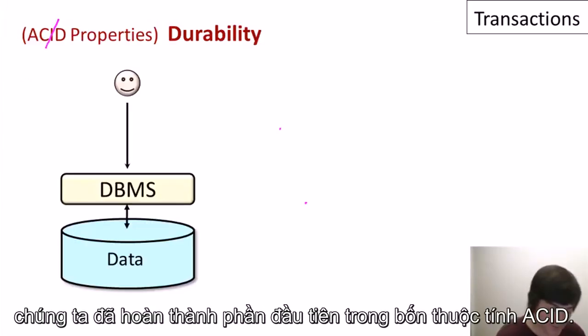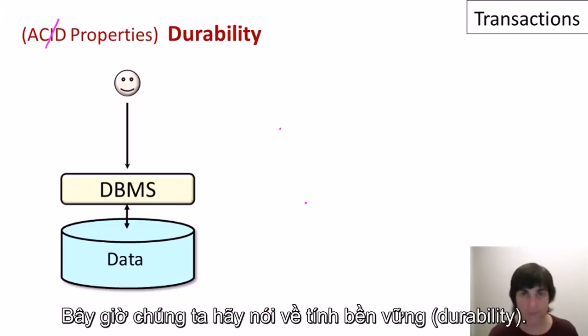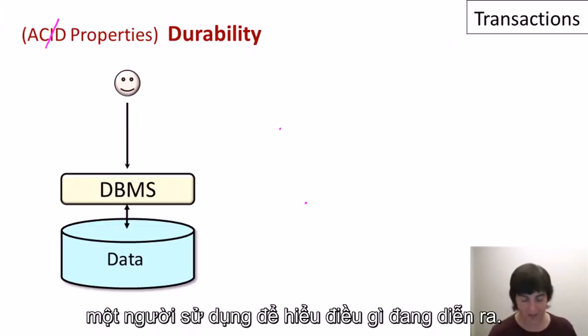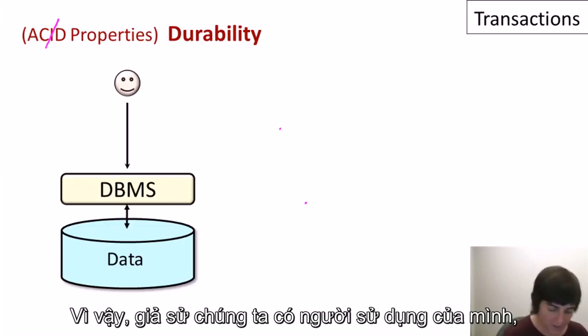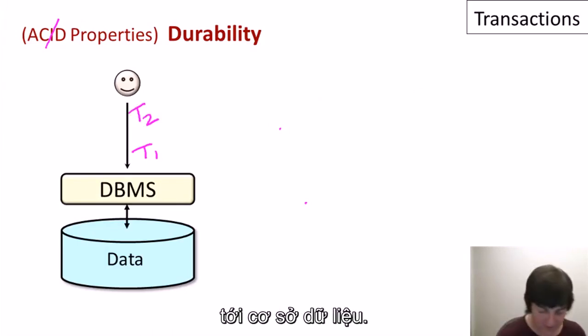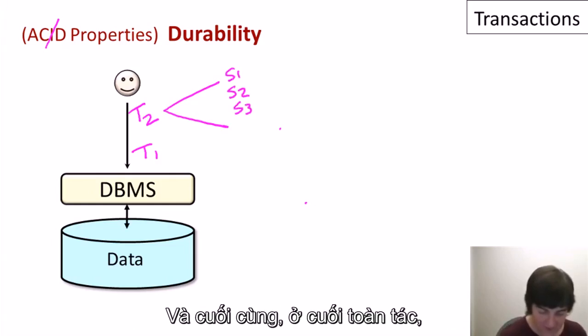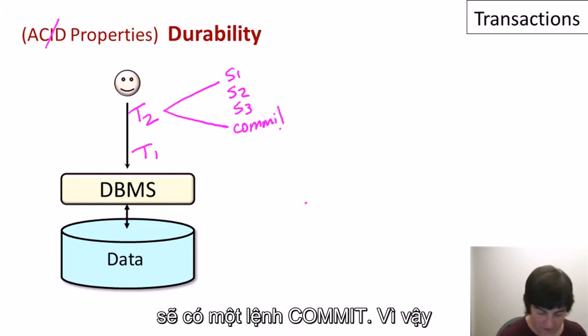Okay, so we've finished our first of the 4 ACID properties. The other 3 will actually be quite a bit quicker to talk about. Let's talk now about durability. And we only need to look at one client to understand what's going on. So let's say that we have our client, and the client is issuing a sequence of transactions to the database, and each transaction, again, is a sequence of statements, and finally, at the end of the transaction, there's a commit.